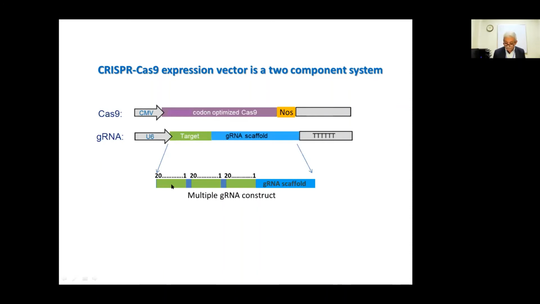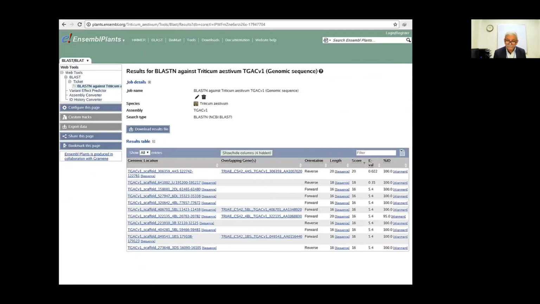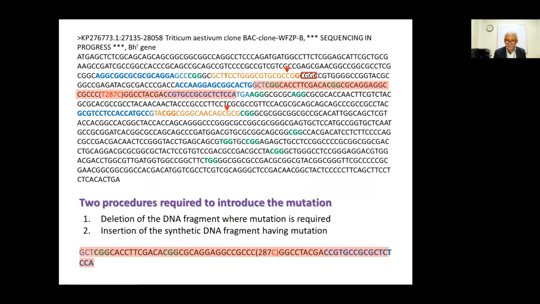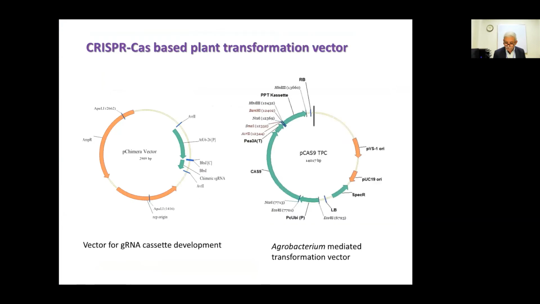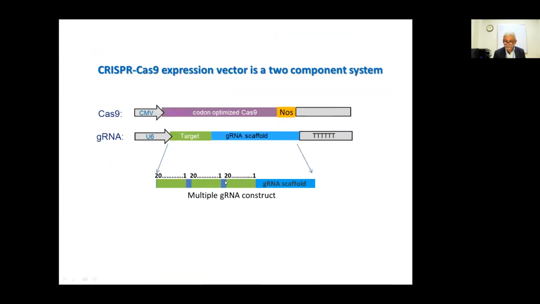If you remember, in the sequence where we started, we need to cut at two positions. So we can design two protospacer sequences upstream of the gRNA scaffold. Just two sequences, and we will get two gRNAs.